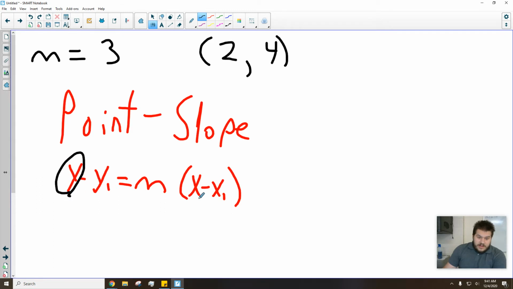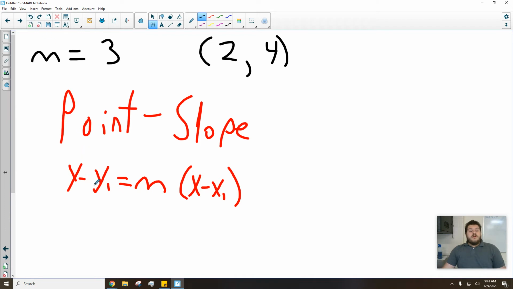This y and this x are never going to change. You'll never plug anything in for them. Anytime you do these equations, that y and that x will always be y and will always be x. They do not change ever. Regardless of what numbers we have up here, this is always y and this is always x. There's no numbers to plug in. It's just those letters. They stay the same.